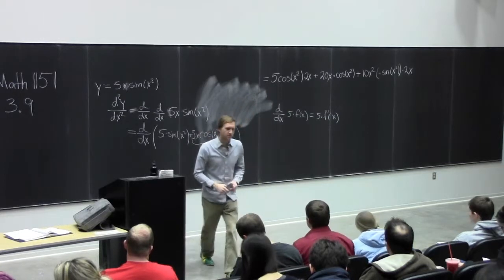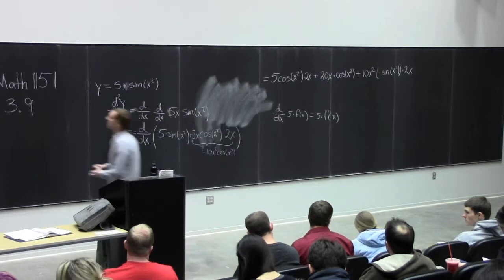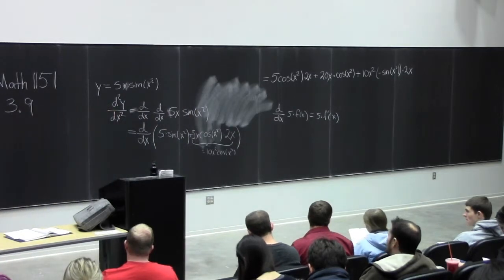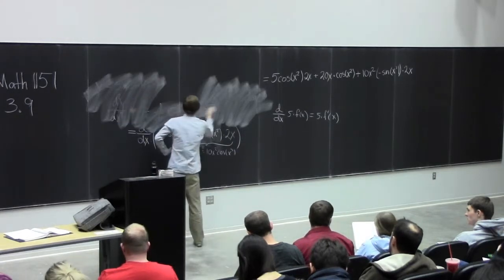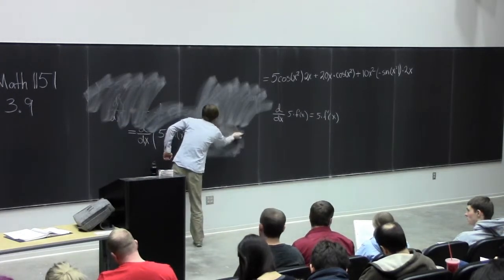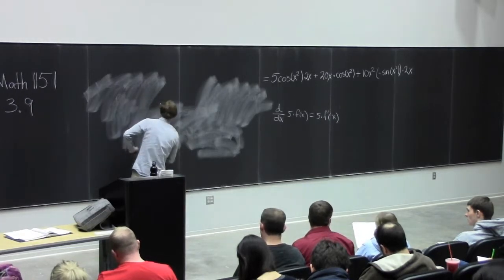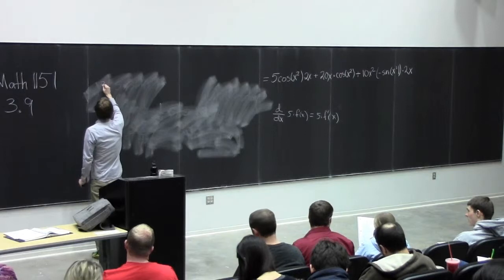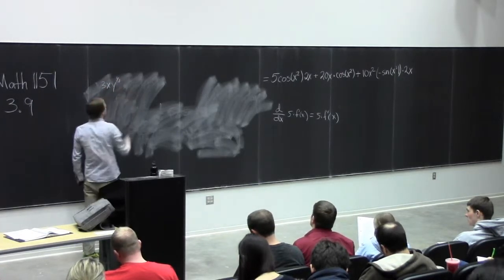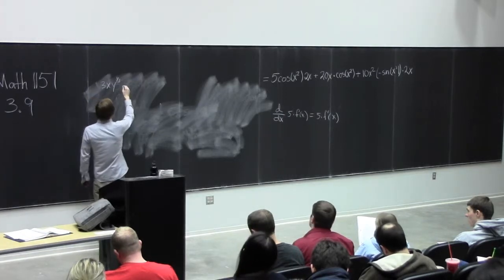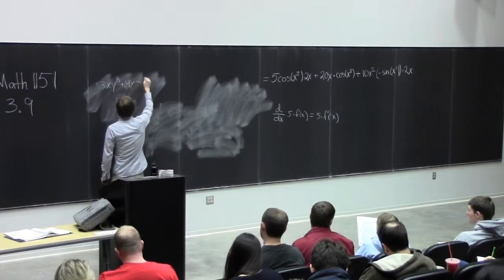What's your question? Determine the slope of the following curve at the given point. Okay, let's see if we can muddle through this one. Let's see if we can figure out what's the curve. Can you tell me that? 3xy to the 1/3 like that? Yeah. Good. Plus 4y equals 15.